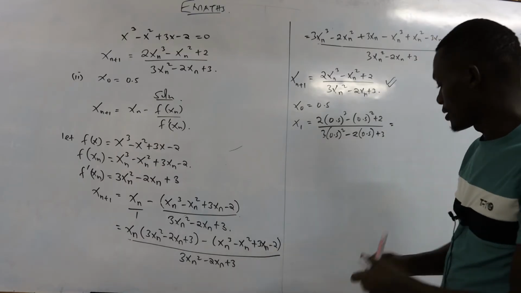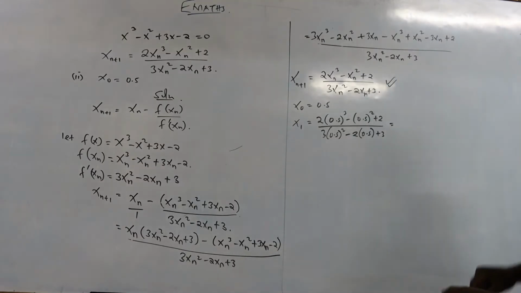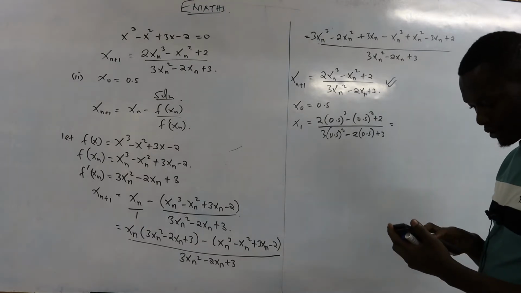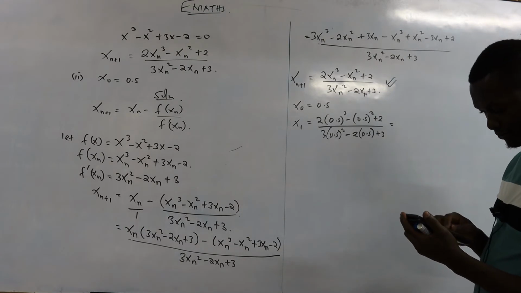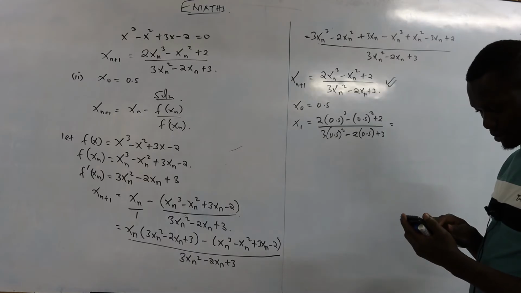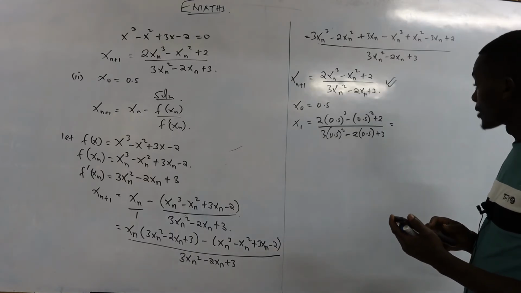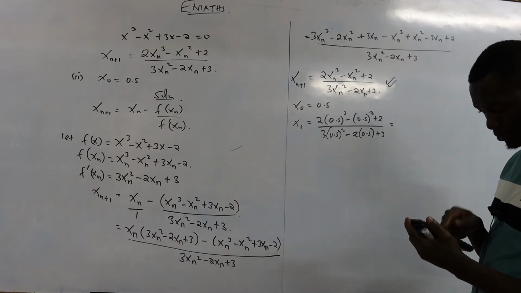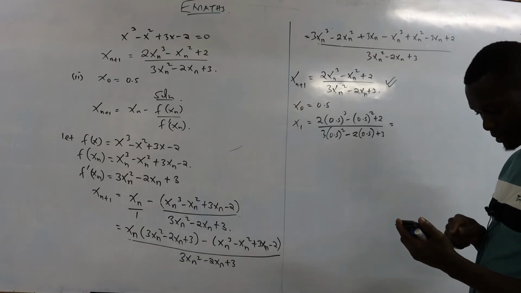So we can now solve that. So let's have that in a moment. So we have 2 times 0.5 in brackets to power 3. Then we have minus 0.5 in brackets, then we put it squared, then we have plus 2.